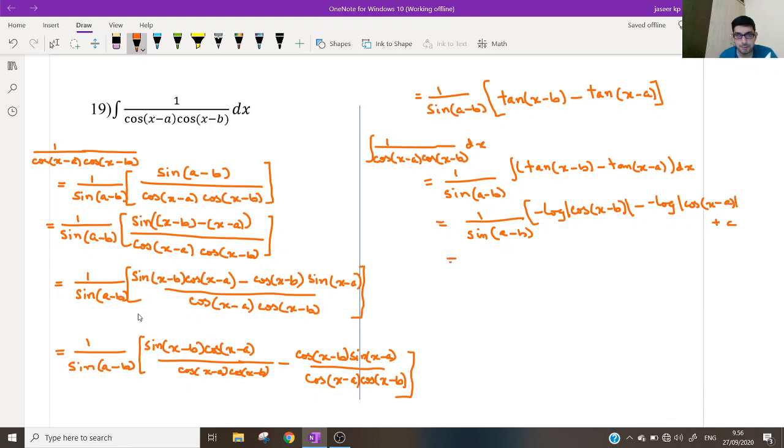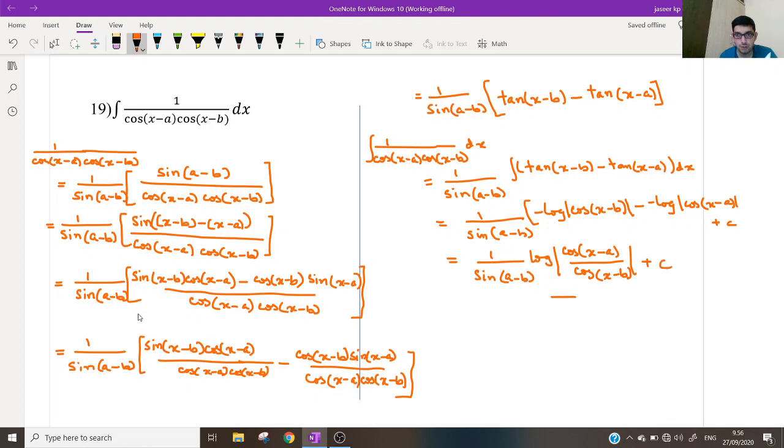So that can be written as 1 by sin a minus b. This is minus of minus, so it will become log cos x minus a, then minus log cos x minus b, so log a minus log b can be written as log a by b, plus c.